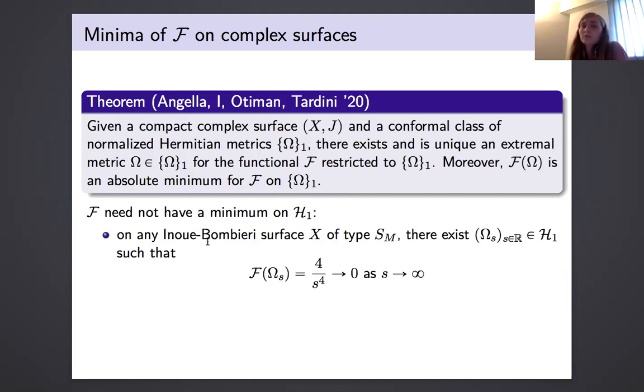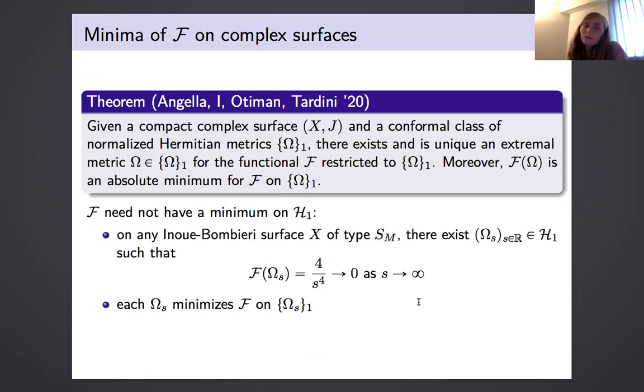We showed that on an Inoue-Bombieri surface of type S^M, it does not matter what it is, it's just a compact complex surface which is not Kähler, there exists a family indexed by R of Hermitian metrics of total volume 1, so that the functional evaluated on each of these metrics tends to 0. And each of these metrics minimizes F in the corresponding conformal class.